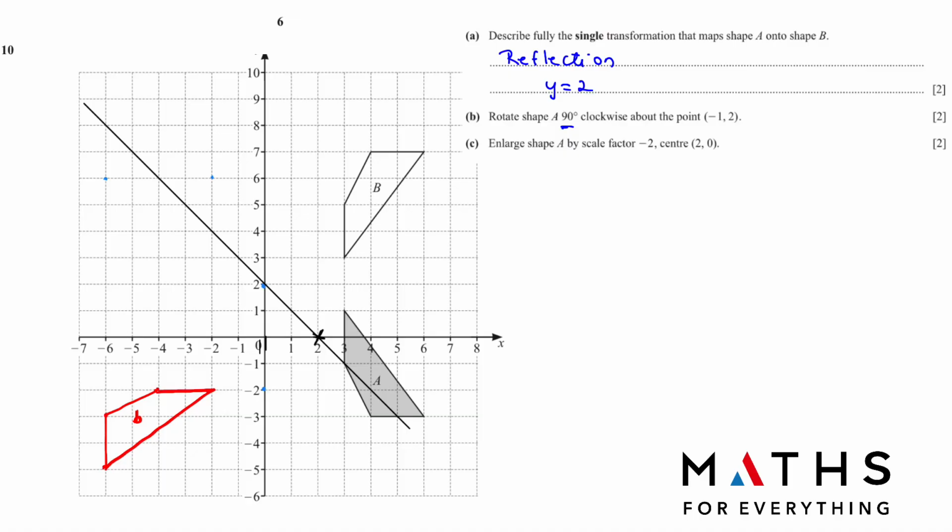This is the first line I drew from this vertex passing through the center. Now from the center to this point there is 1 unit. Multiply by 2 because the scale factor is 2. 1 multiplied by 2, 2. So move 2 upwards on the line and it's this point.